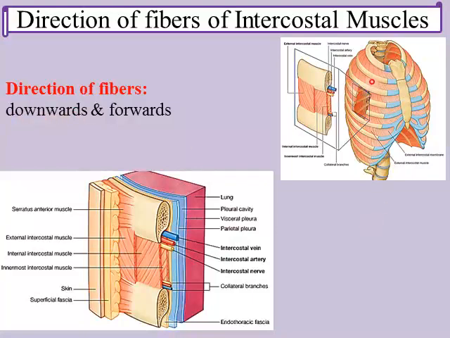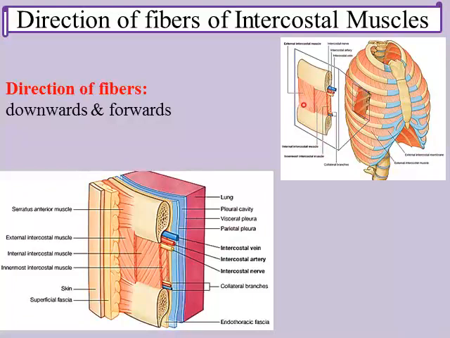Downward, because they arise from the rib above and are inserted in the rib below. They arise from posterior and run to anterior, so the direction of fibers is downward and forward.